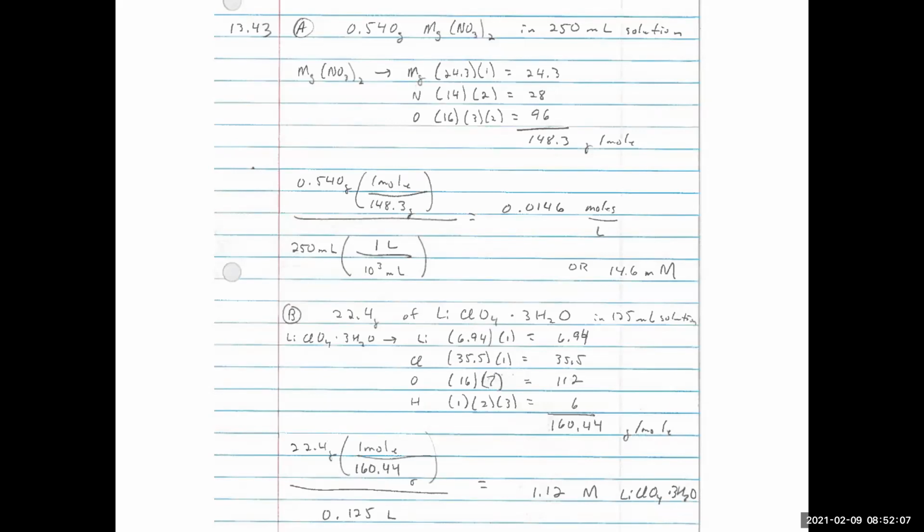Once again, to change the mils into liters, we can just slide the decimal over 3 places, and that's 0.125 liters. If we do that math, we get 1.12 molar. Any questions about these molarity calculations?